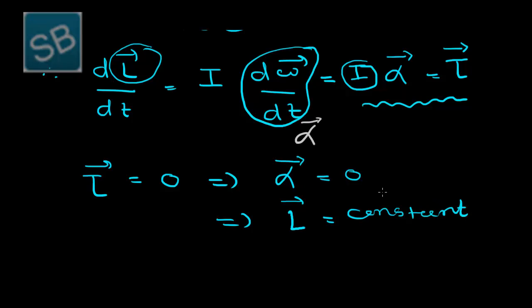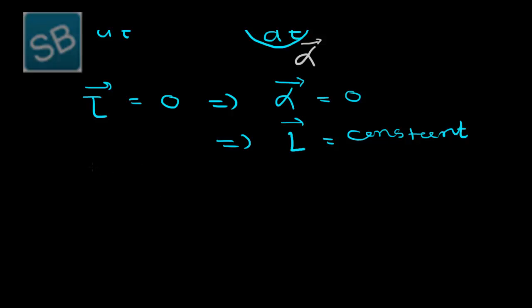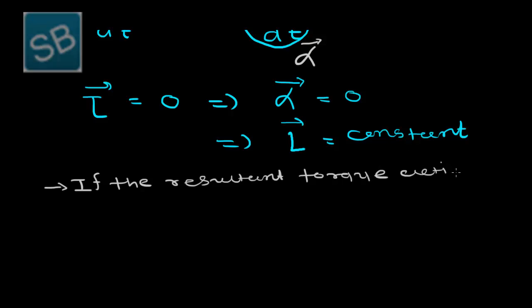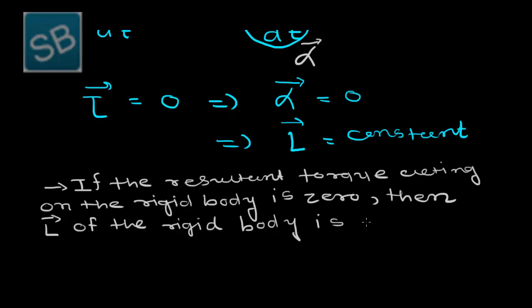And so I can write one statement from this: if the resultant torque acting on the rigid body is 0, then the angular momentum of the rigid body is constant.